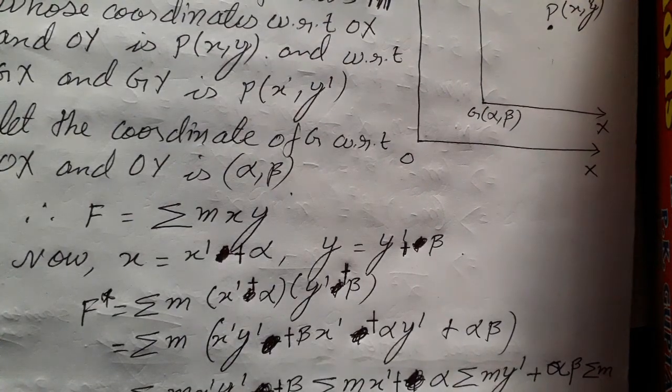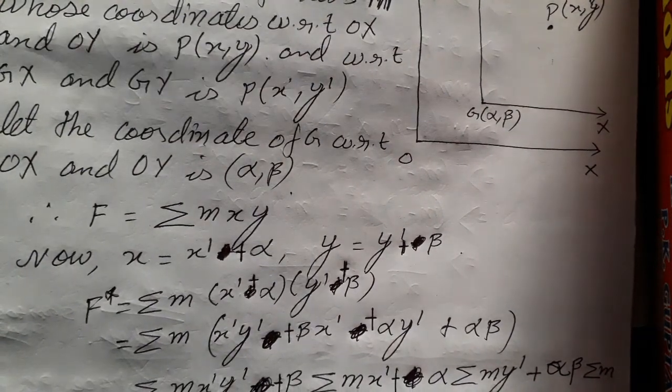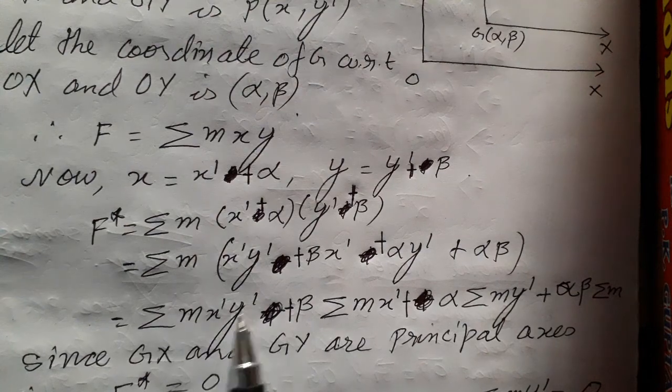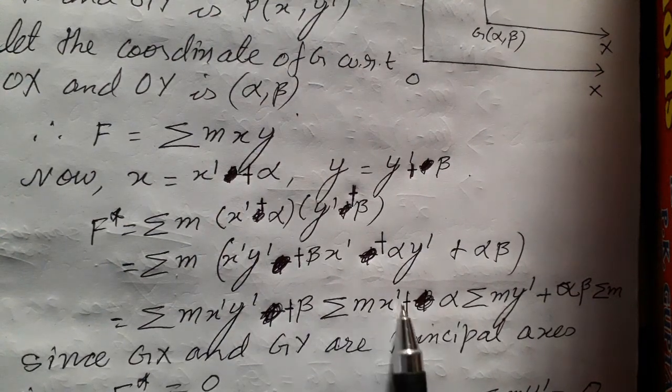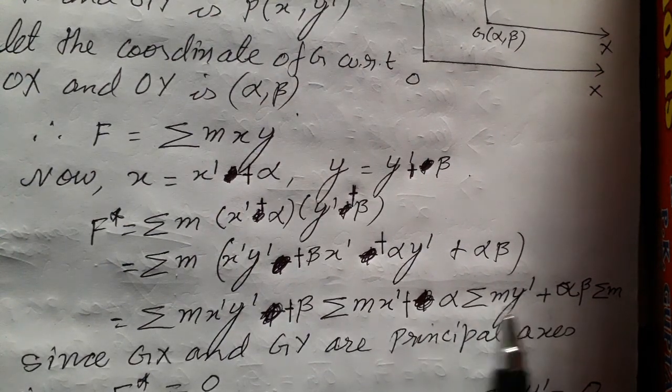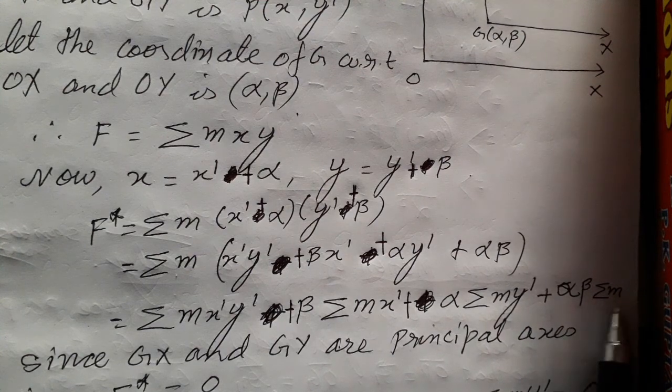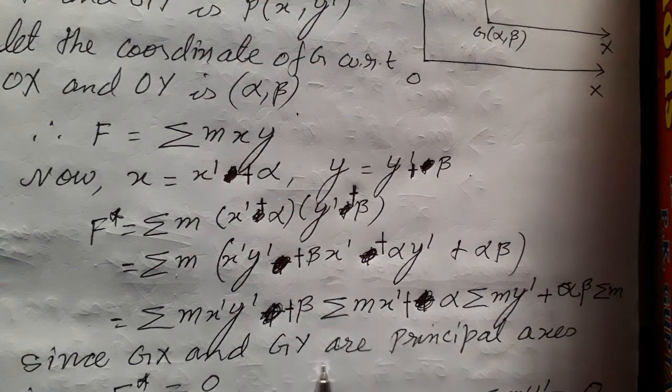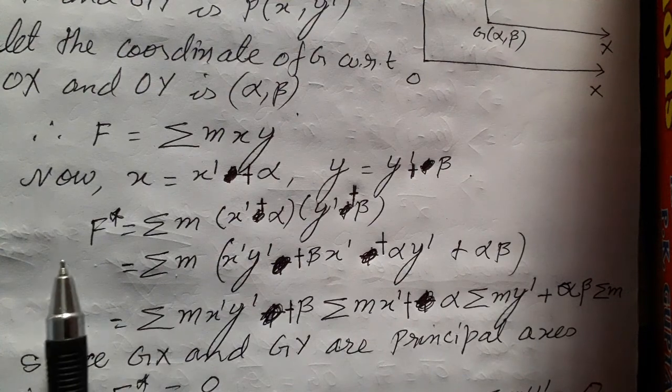We get summation m x dash y dash, plus beta summation m x dash, plus alpha summation m y dash, plus alpha beta summation m.